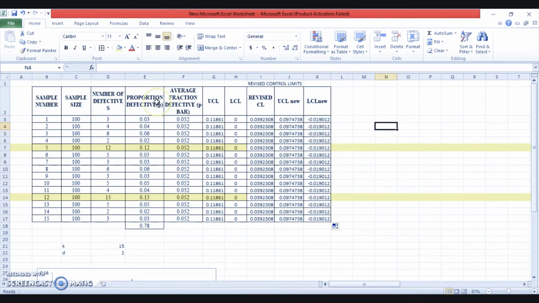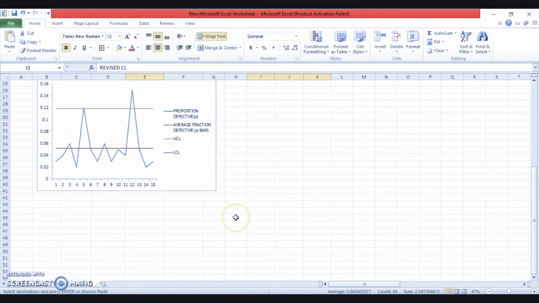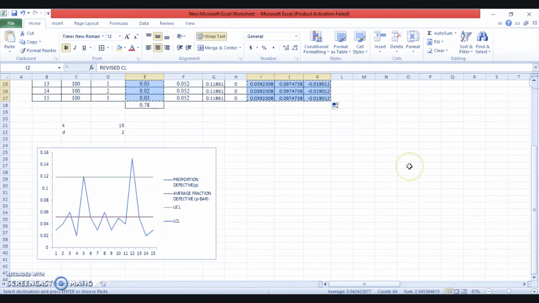Now, because I have to plot a revised p-bar chart here, I need the p-values with me, the revised upper control limits and lower control limits along with the revised central line value. So I'll paste them here so that we can make a comparison.